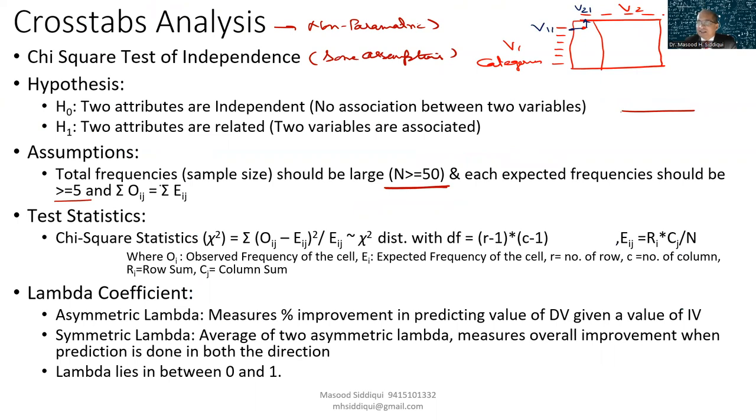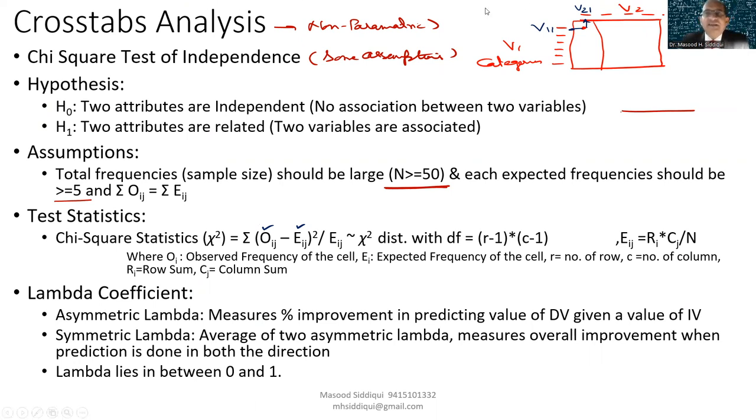The chi-square statistic is the comparison of observed and estimated values divided by EIJ, just to normalize that. So we will be examining whether they are independent or not.